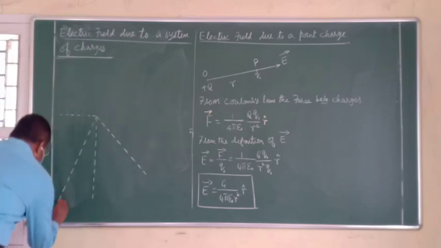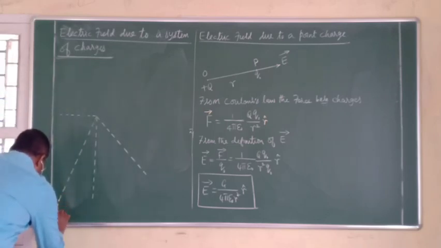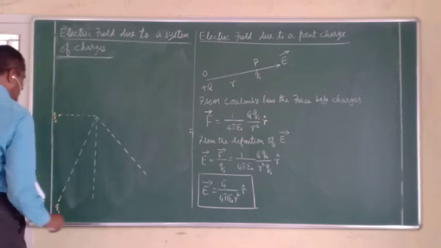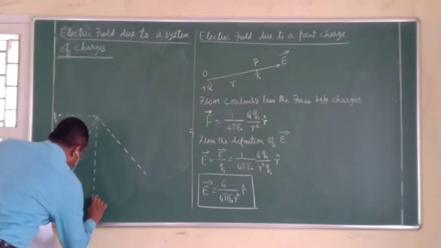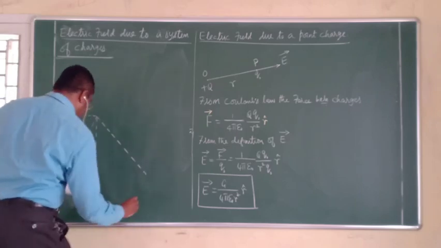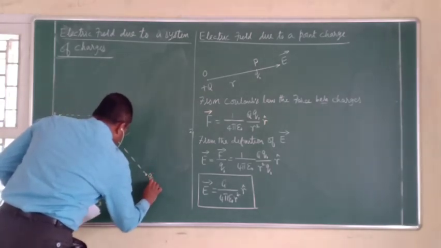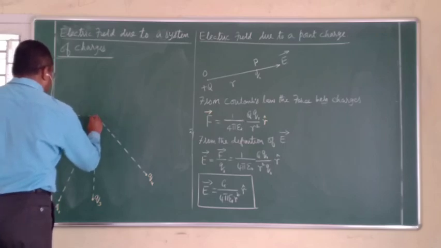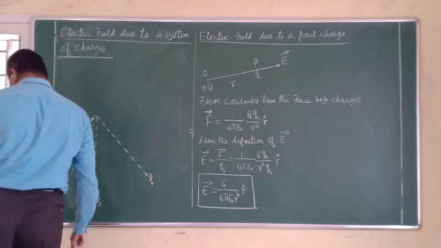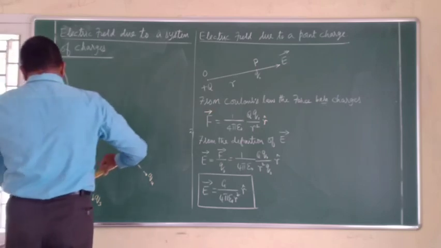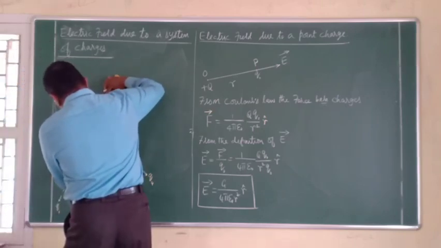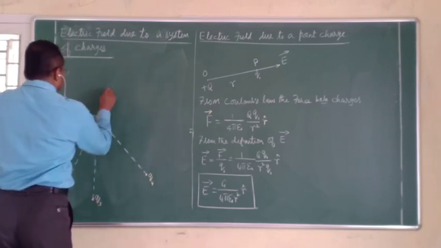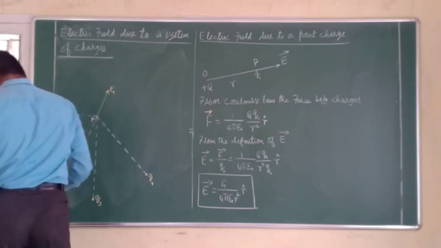Let us suppose I have a charge Q1 here, Q2 here, Q3 here, and a charge Q4 here. Let this be point P. Okay? Now, due to this charge, electric field is E1 vector.